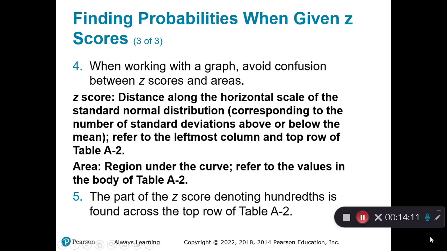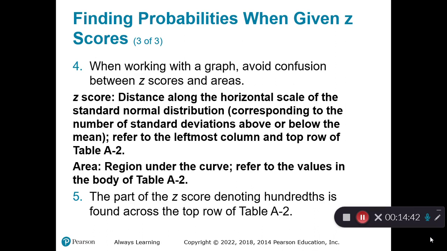When working with the graph, we want to avoid confusion between z-scores and areas. We're going to explore the table in just a bit, and I'll point out where you find z-scores and where the areas are located on the table. Let's revisit the concept of z-score, which we were introduced to in Chapter 3. It is the distance along the horizontal scale of the standard normal distribution corresponding to the number of standard deviations above or below the mean.